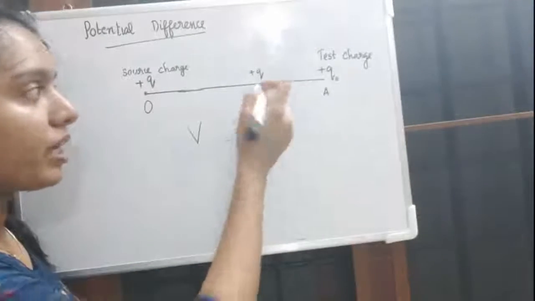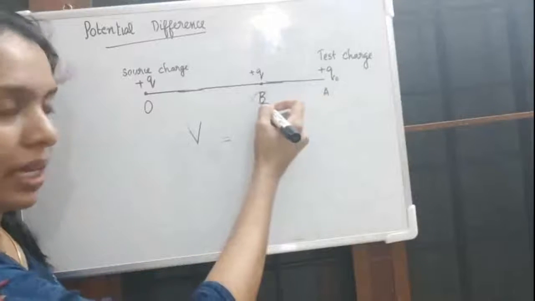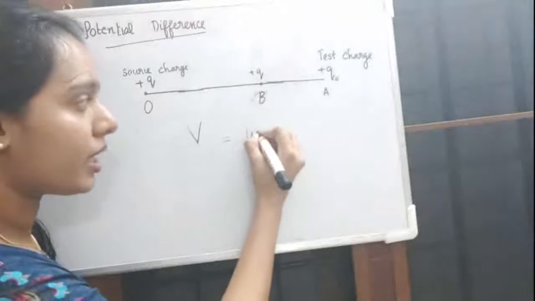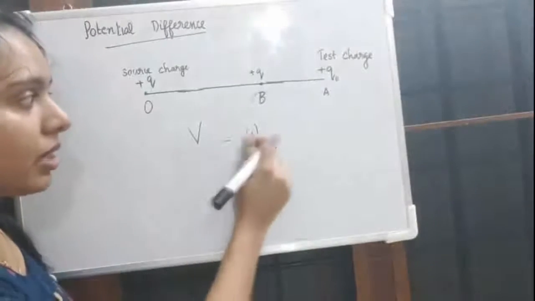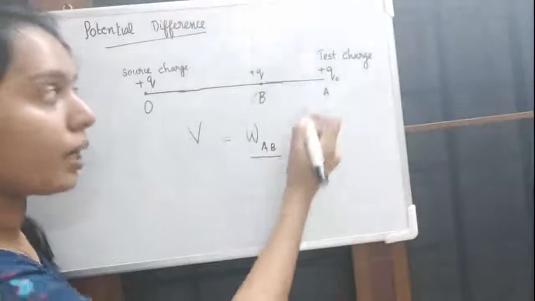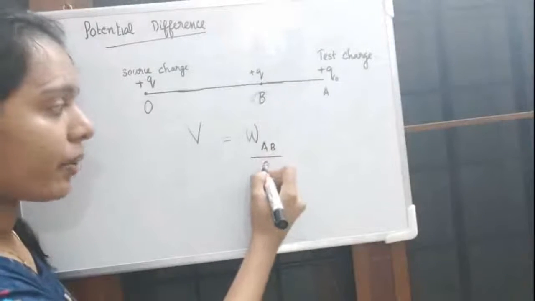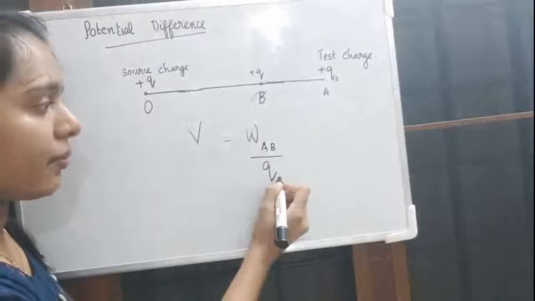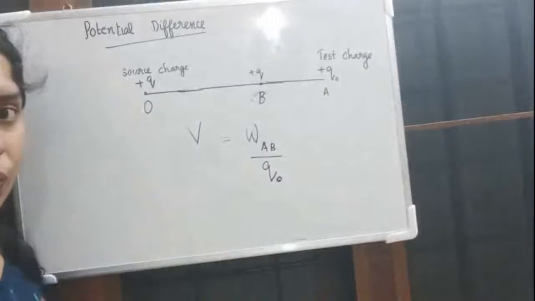As we are moving the positive point charge from A to B, we can write that work done as WAB. So potential is the work done in moving a unit positive charge from one point to another, and its equation is given by V is equal to WAB divided by Q0.